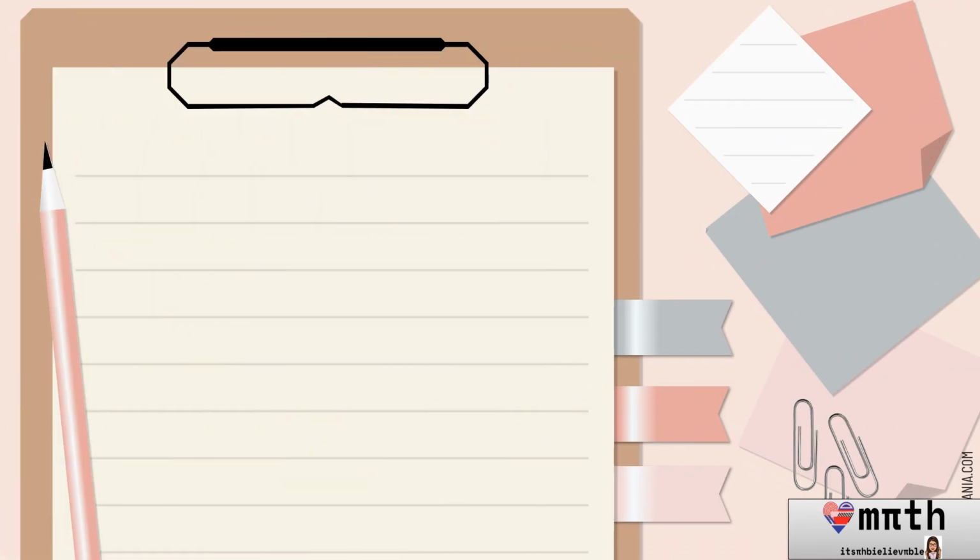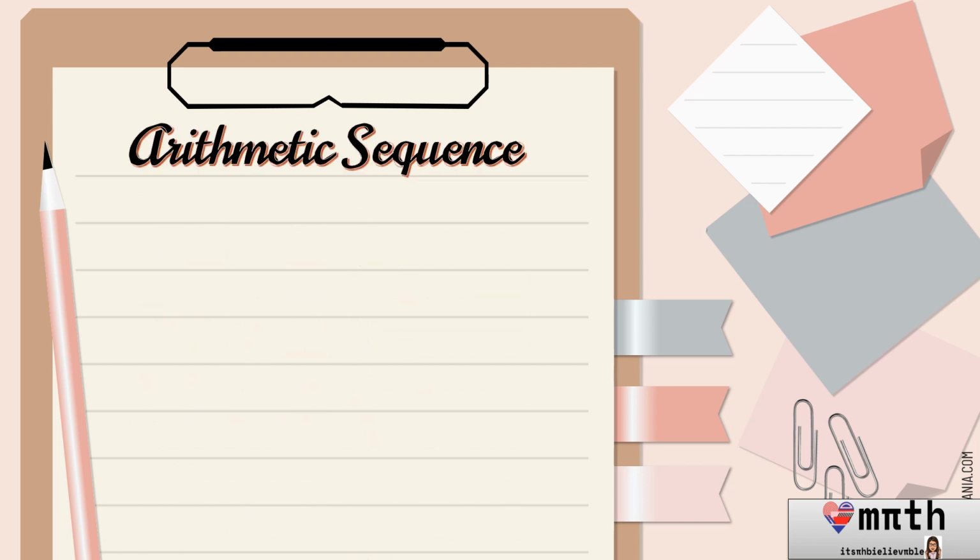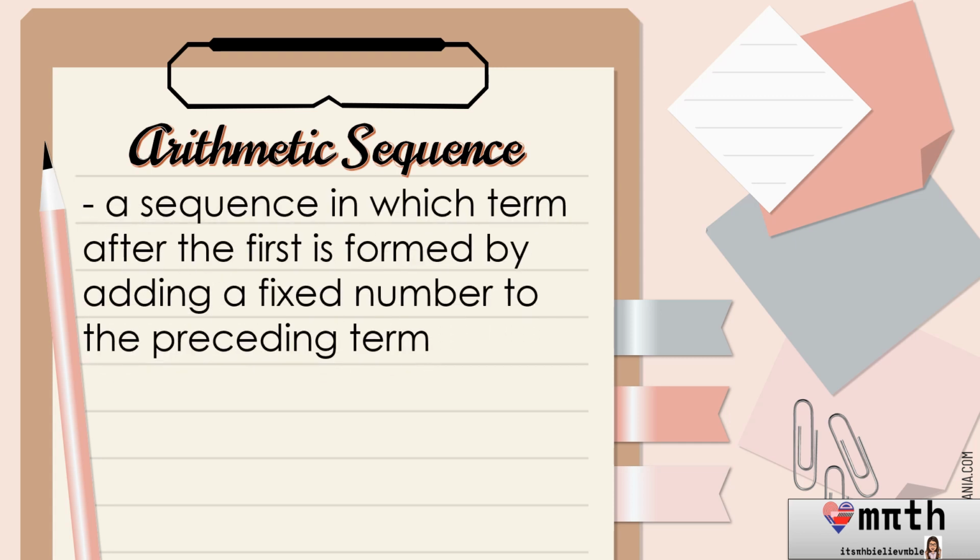Our lesson for today will focus on one of the first types of sequence, which is called arithmetic sequence. By definition, an arithmetic sequence is a sequence in which each term after the first is formed by adding a fixed number to the preceding term.